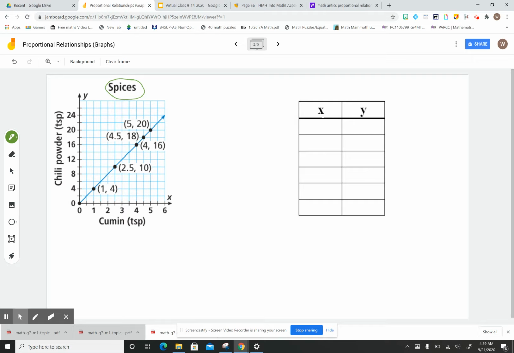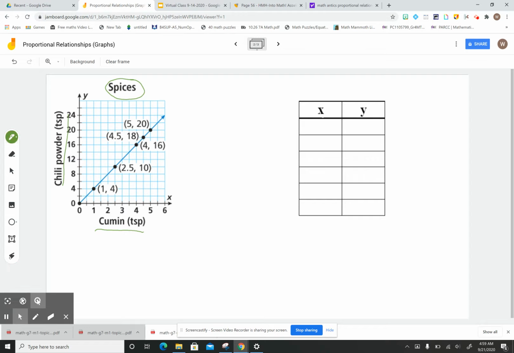Now, our two units that we're using, chili powder in teaspoons, cumin in teaspoons, those are our two variables. Now, always the horizontal axis is X. The vertical axis is always Y. Horizontal X, vertical Y.